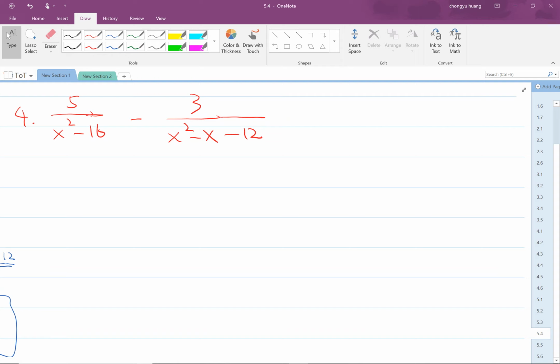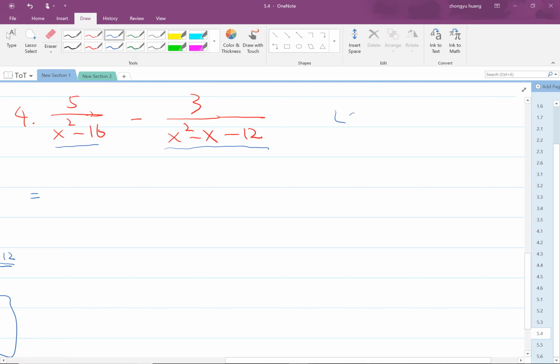The first thing you have to do is simplify a little bit. First you see the denominators for those two terms are different, so that means you have to find the least common denominator, right?